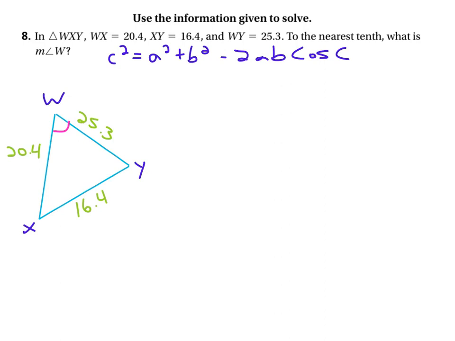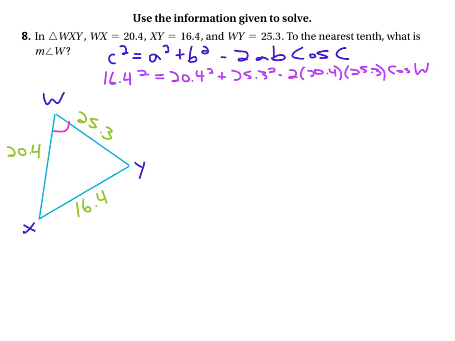So we're going to write in then 16.4 squared equals, and then the other two sides are a and b, it doesn't matter, okay? 20.4 squared plus 25.3 squared minus 2 times 20.4 times 25.3 times cosine, in this case, w.